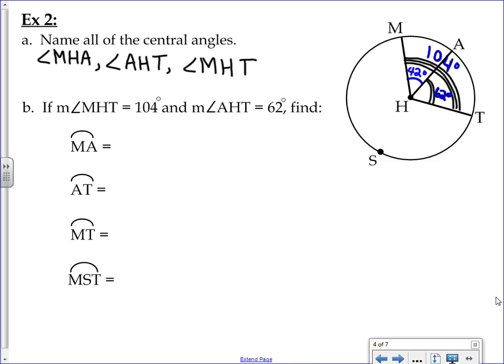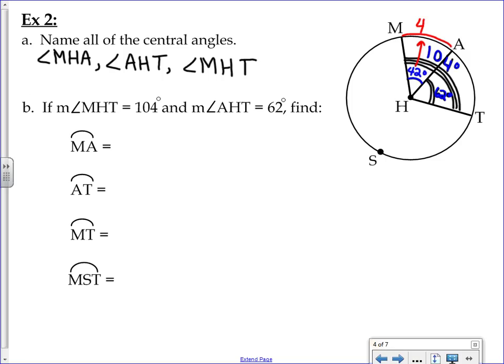So now we know each of the central angles, and we can now figure out these different measures for the minor arcs. So let's start with minor arc MA. If I just highlight this, minor arc MA is going to equal the same as its corresponding central angle. So when I look at my 3 central angles here, the one that goes with it is going to be angle MHA.